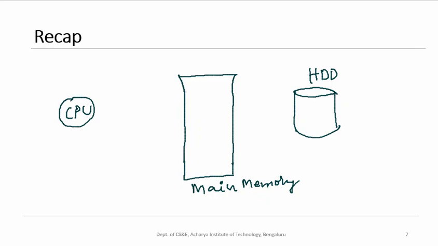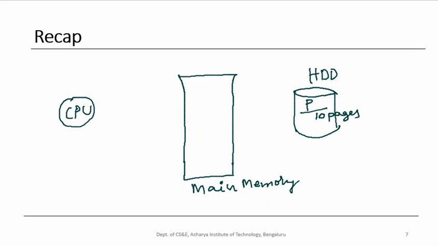Now we have brought in the concept of virtual memory. That is, an application which is written can go beyond the size of the main memory. Let's say we have created an application P. This P gets divided into smaller chunks called pages.